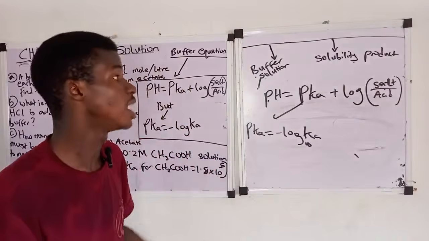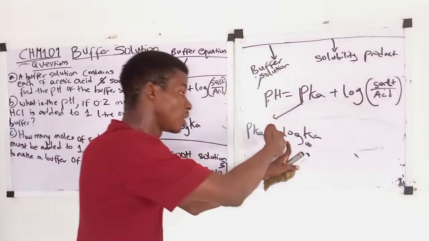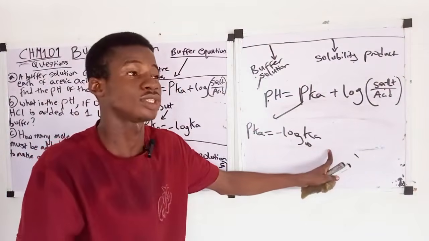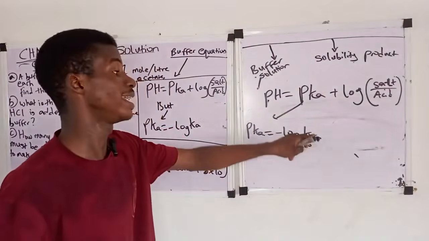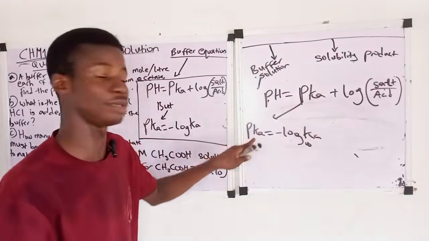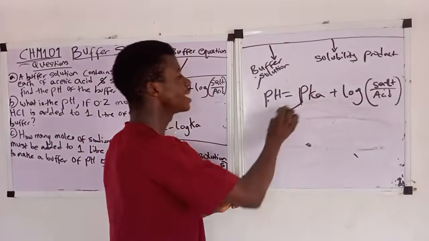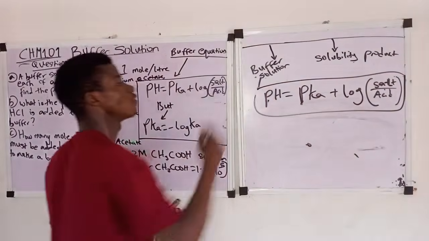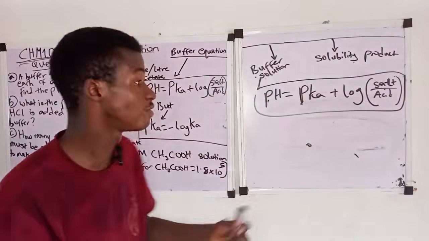Most times they'll usually give you Ka in the question. Then you take the negative log of Ka to get pKa. So this is the equation used to calculate the pH of a buffer solution.